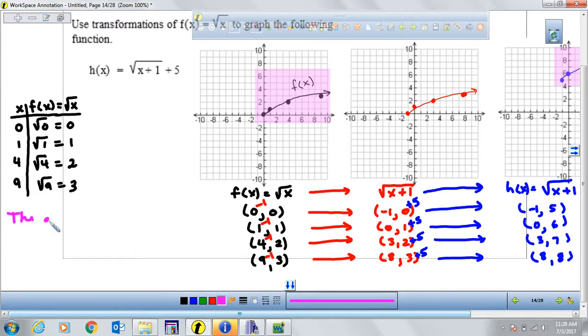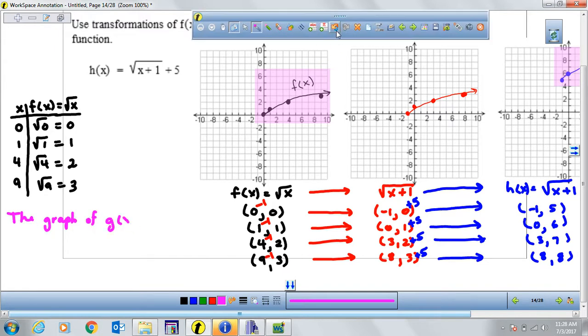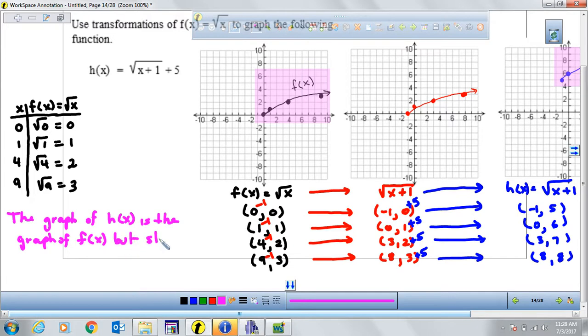So we're going to say that the graph of g of x, well, not g of x, but h of x. The graph of h of x is the graph of f of x, but first it was shifted 1 unit to the left, comma, and shifted up or 5 units up or upward.